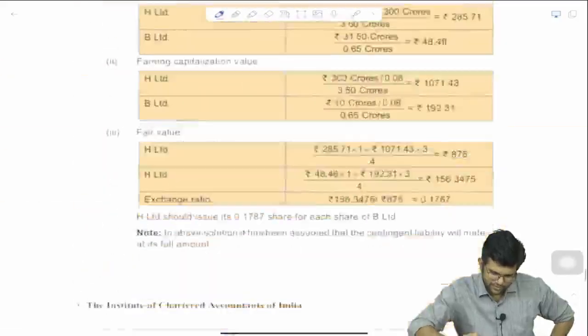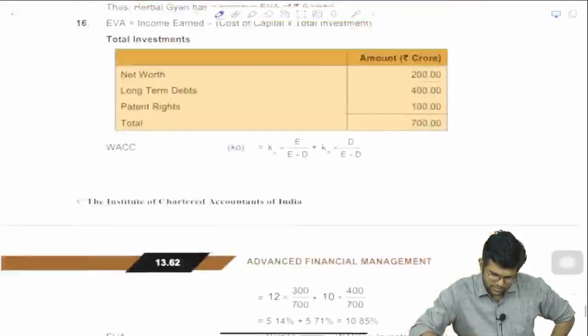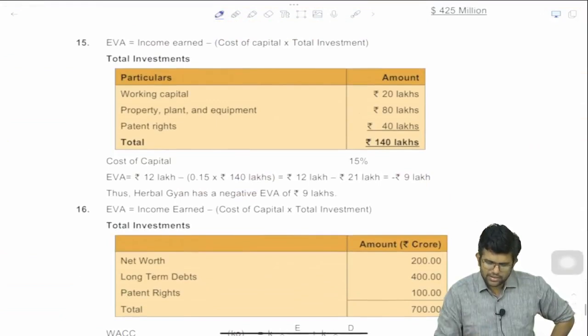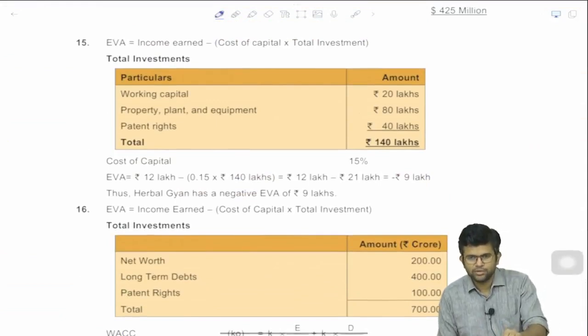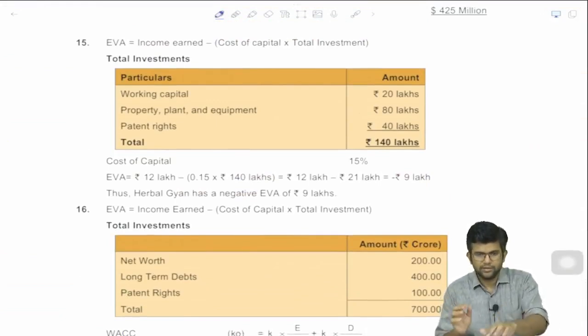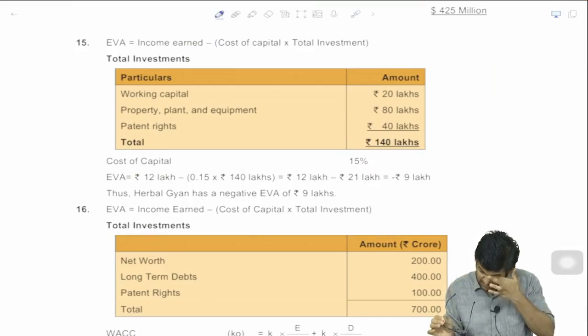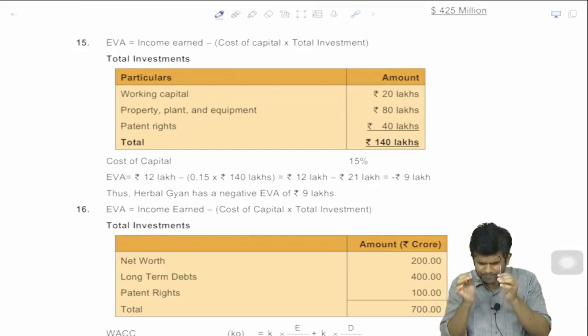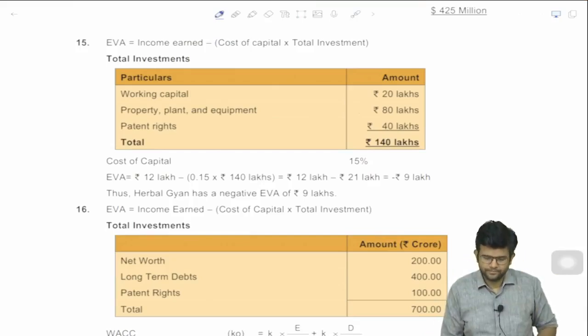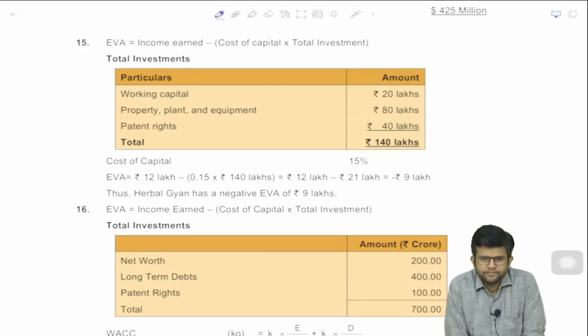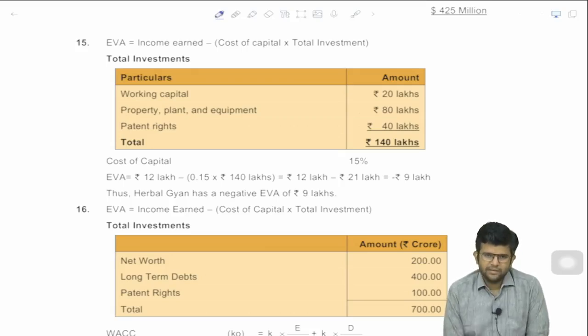So, let me see if Herbal Gyan is there. Question 15. Okay. Check ICAI's solution once. Big solution they have done. Check please. 100% clear, nothing great in the question.